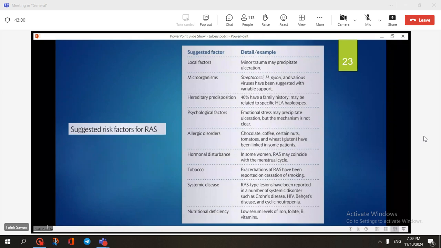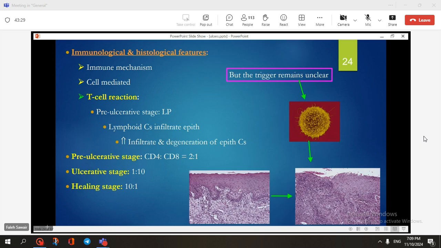If we find the deficiency, we do investigations with our colleagues the internists, who will check what is the reason for the deficiency of iron or folate or B12, and correction of the deficiency, as we said, will help in decreasing the severity or sometimes disappearance of the ulcers.